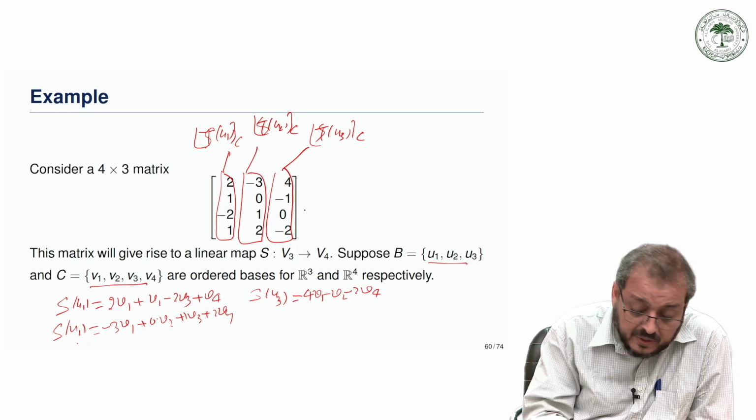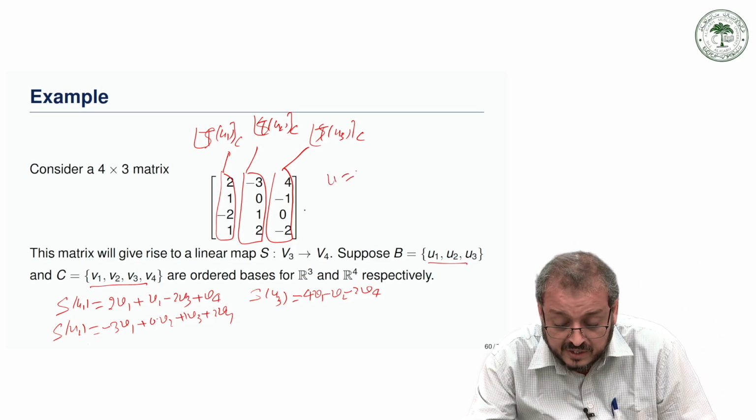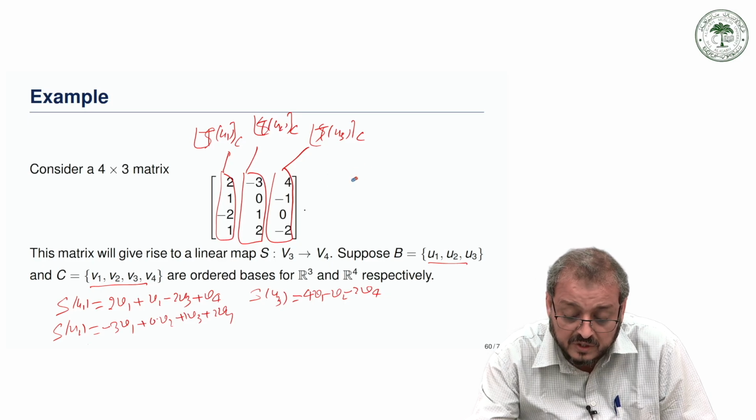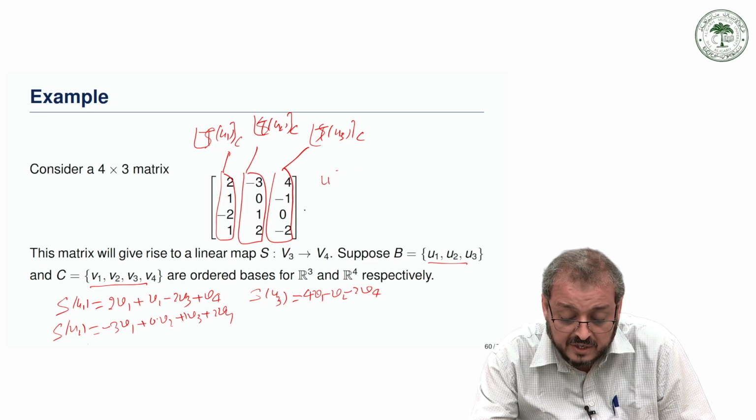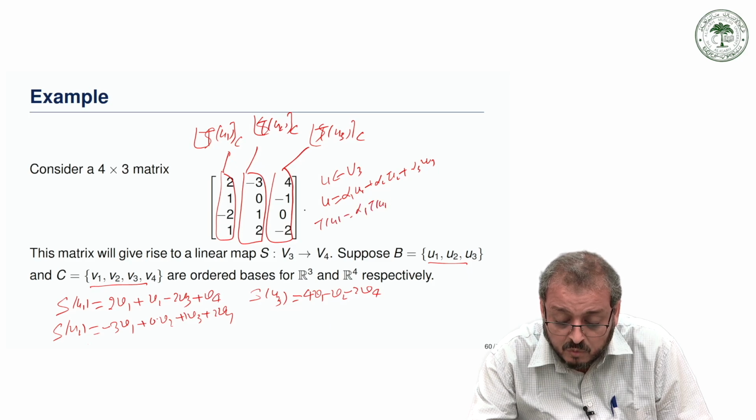Now, given S(u1), S(u2) and S(u3), if we have any arbitrary vector u, it can be written as a linear combination: u = α1 u1 + α2 u2 + α3 u3. Then to calculate T(u), we get α1 T(u1) + α2 T(u2) + α3 T(u3).